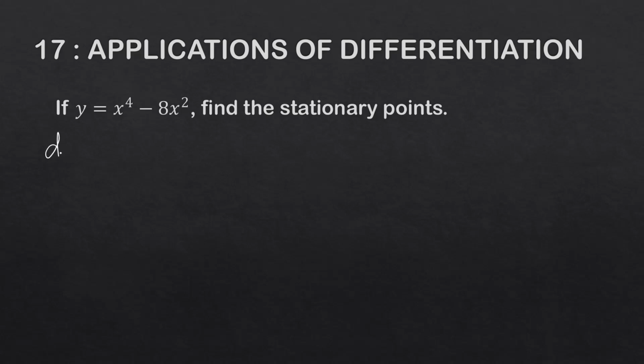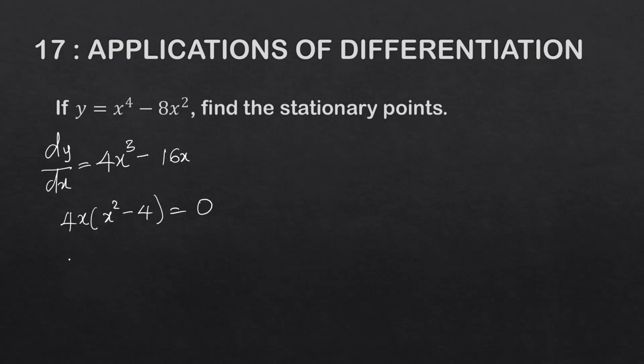First of all, at a stationary point, dy/dx is going to be equal to 4x cubed minus 16x. After getting this, I'm going to factor out 4x, bracket x squared minus 4, is equal to 0, because dy/dx must be 0 at stationary points.